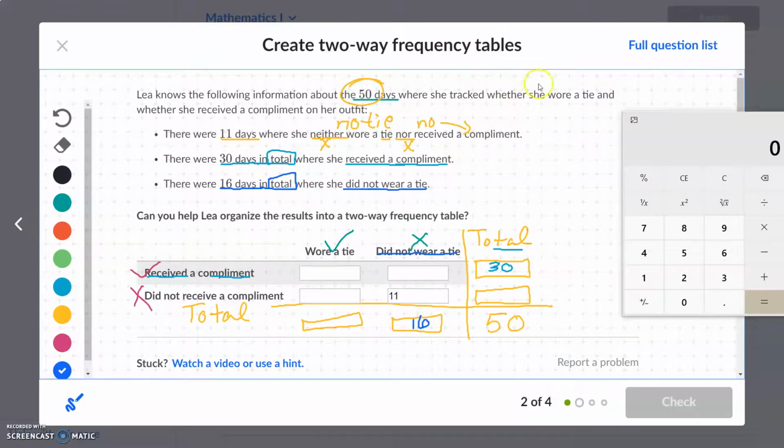Now, we've used all of the information up here, right? Check, used it all. So we're going to have to use addition and subtraction to find the missing numbers. Do you remember how to do that? Okay, so let's just work with the totals over here first. So this is 30, and 30 plus something is 50, right? So we can do that with subtraction.